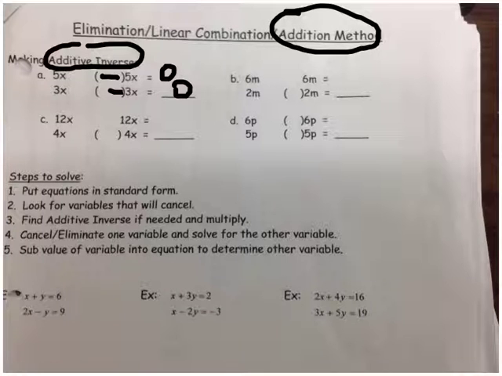So we're going to have some steps today that we're going to talk about. It's going to be to put equations in standard form first. If you look at all these three examples down here on the bottom, they're all in standard form. The x and the y are on one side. There are no fractions. We don't like fractions, so we get rid of those first. If the book gives you any fractions, you'll just need to get rid of them.